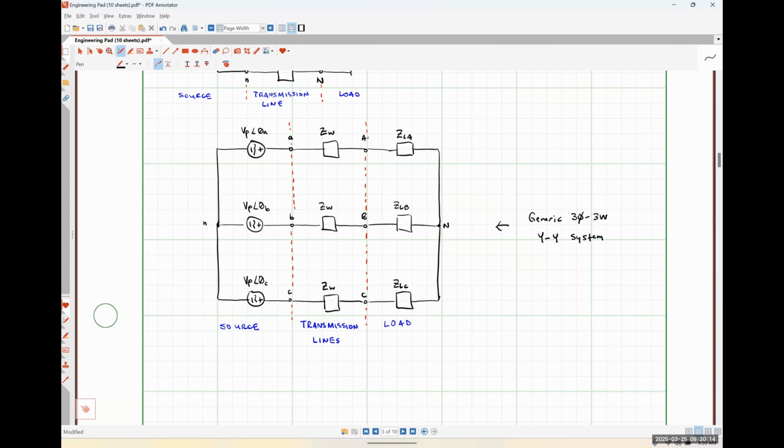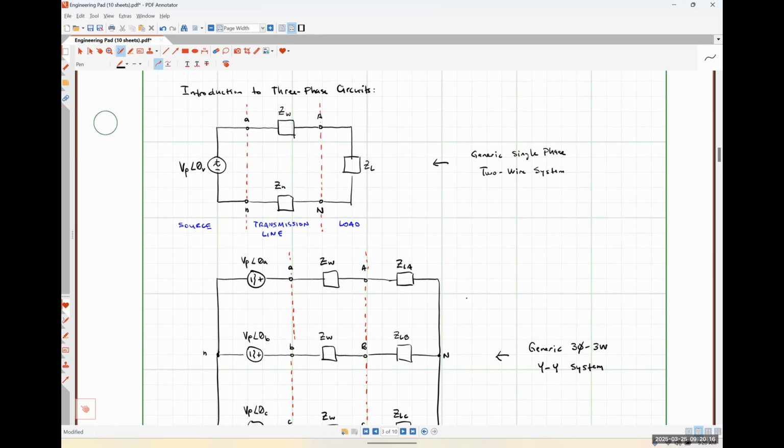So let's address this more power thing that was said, okay? So more power. So let's say that ZL in our single phase system is absorbing the exact same amount of power as ZLA, which is absorbing the exact same amount as ZLB, which is absorbing the exact same amount as ZLC.